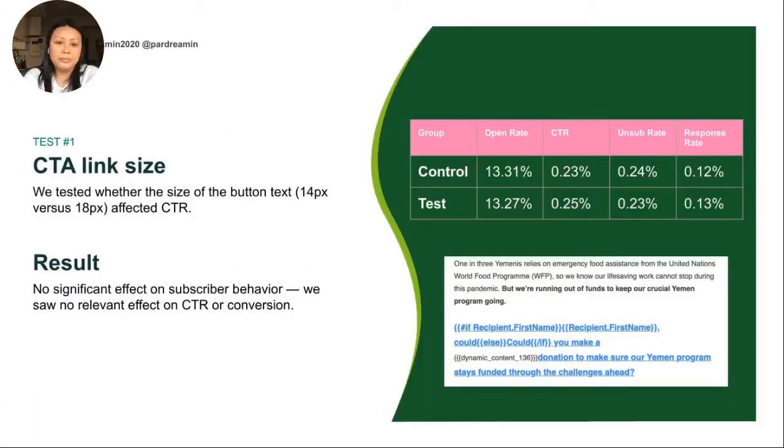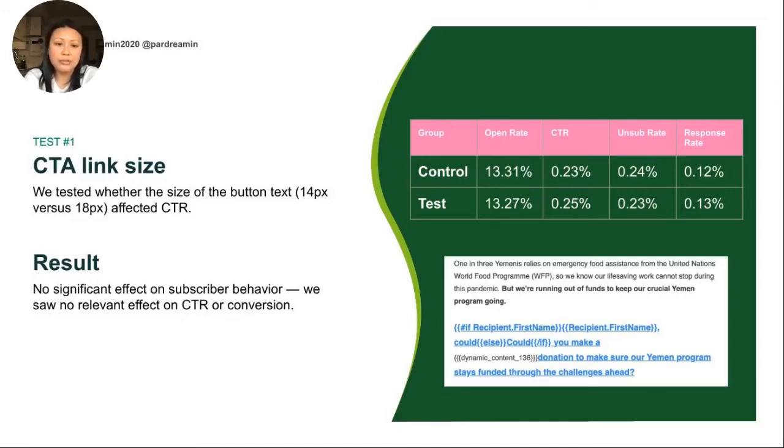Yeah, so one test that we ran recently was our click-through link size. We noticed we were not reaching benchmark, and I'm going to plug our firm again, M+R for nonprofits. They come out every year with a report called Benchmarks, and it shows email and fundraising and social media across a number of different nonprofit sectors, and that's where we measure ourselves against.